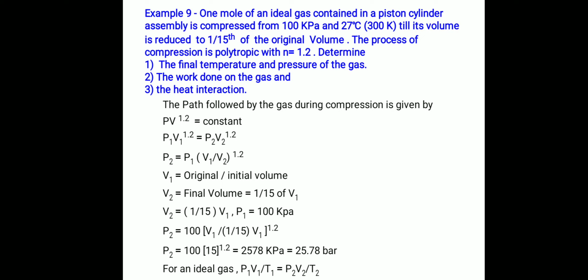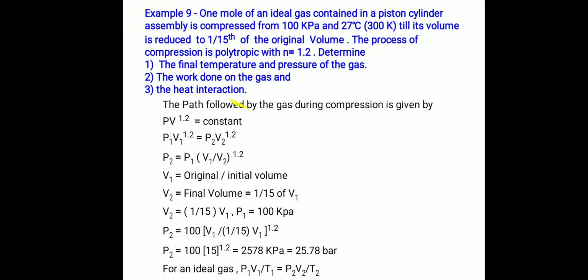As it is mentioned that it is a polytropic compression, we must know the formula for polytropic compression. That is a general formula, P into V raised to n is equal to constant. In this case, the value of n is given, that is 1.2.